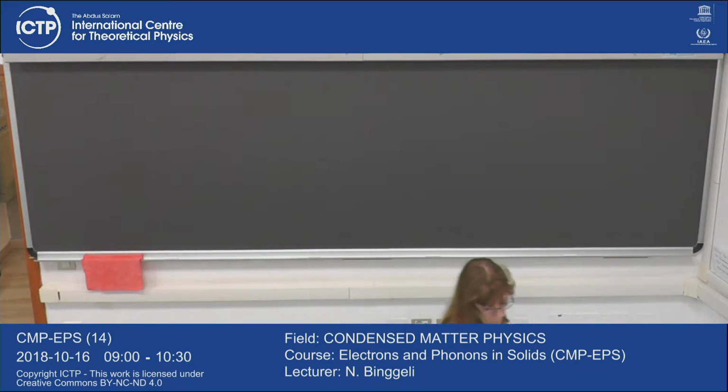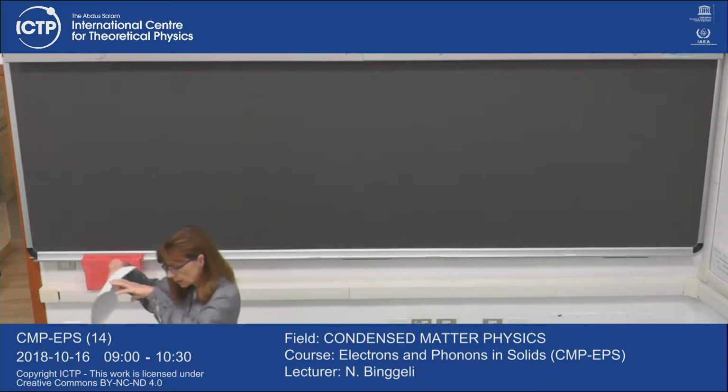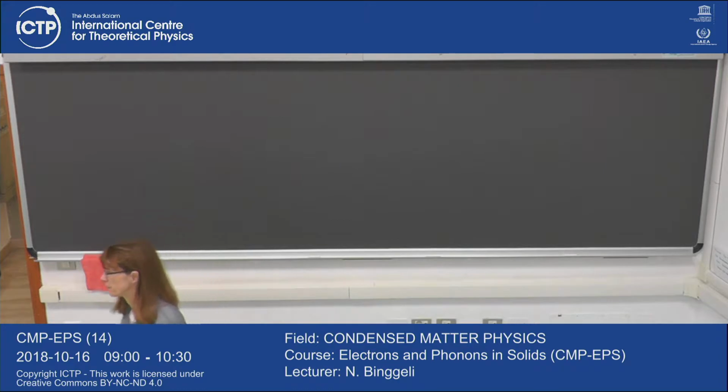The approach we are using now is a linear combination of atomic orbitals, or orbitals of ions. So we start from basis functions that are very localized in space, with a probability density around the atom.